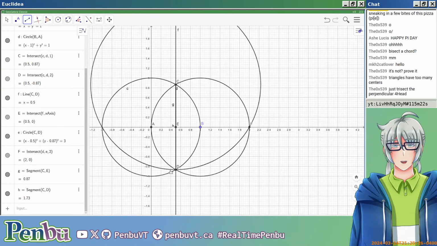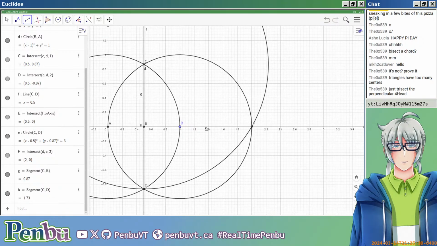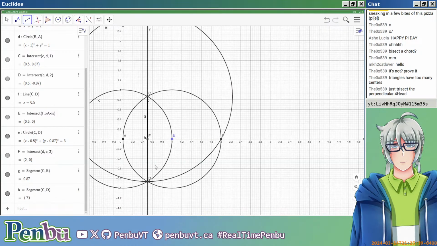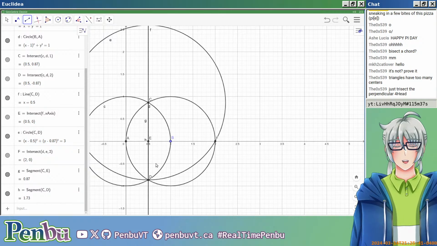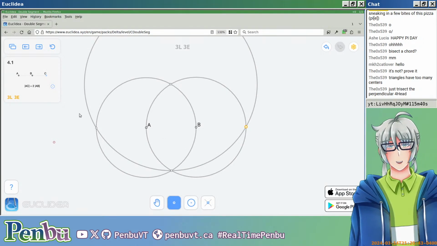Oh, right, because it doesn't make sense for it to be 1. This is 1. This segment here is 1. This segment here has to be longer than 1. Okay, I think I'm starting to confuse myself. I'm going to move on.